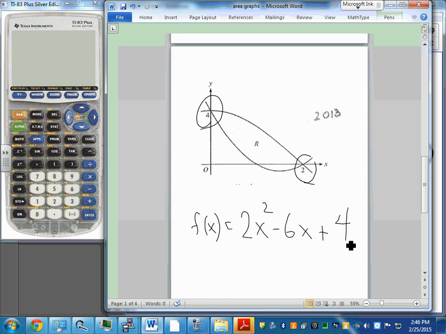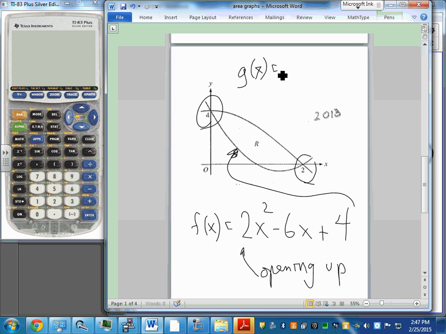This is a parabola, and it's opening up, right, because the x squared is positive, which means the parabola has to be this bottom curve down here. And g of x is given as 4 times the cosine of 1/4 pi x.